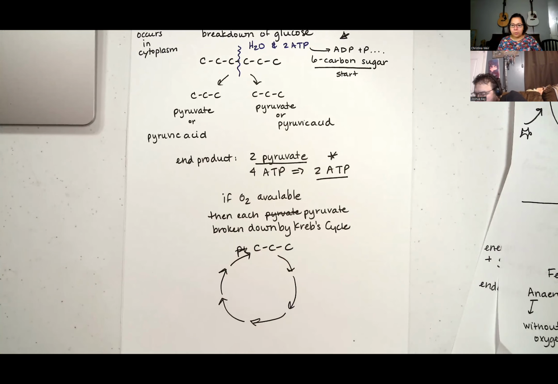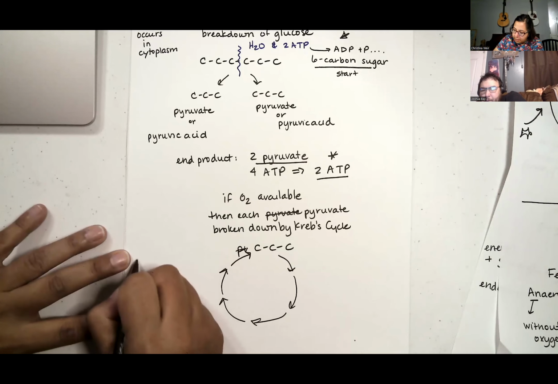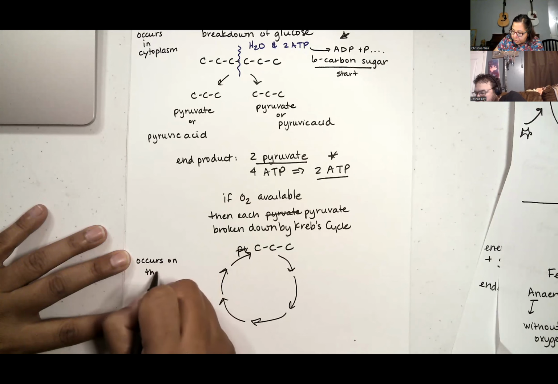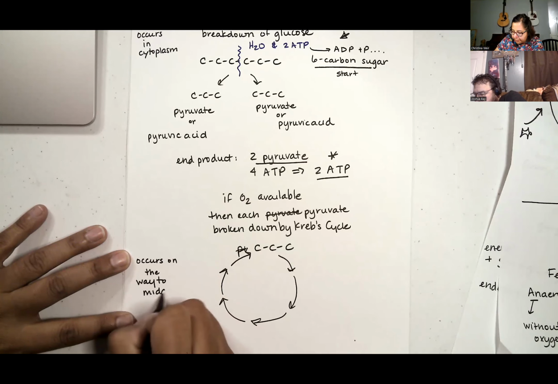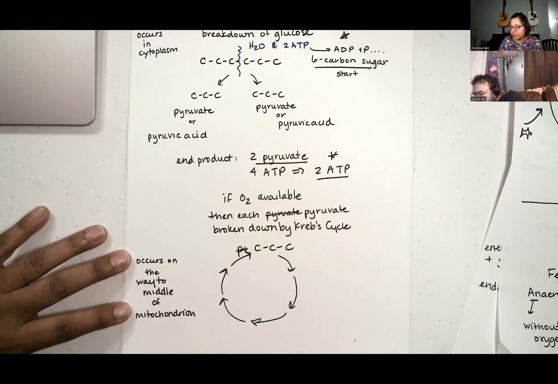Again, you don't have to know all of the parts of the Krebs cycle. Here's what I want you to know: where does it occur? This occurs on the way to the middle of the mitochondrion. And I'm going to show you a diagram of the mitochondrion in just a second.